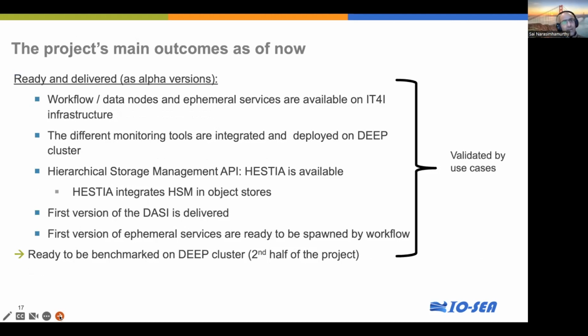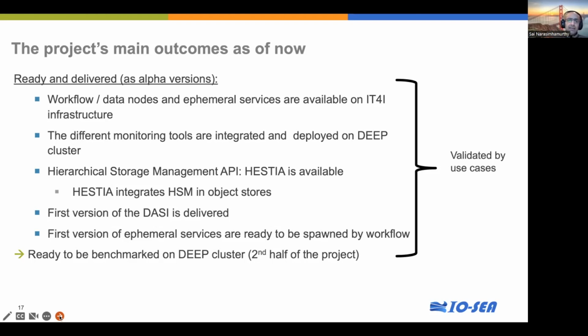So what have we done until now? We have the workflow, data nodes, and ephemeral services. They are available on the IT4I infrastructure. And the different monitoring tools are integrated and have been deployed on the DEEP cluster.